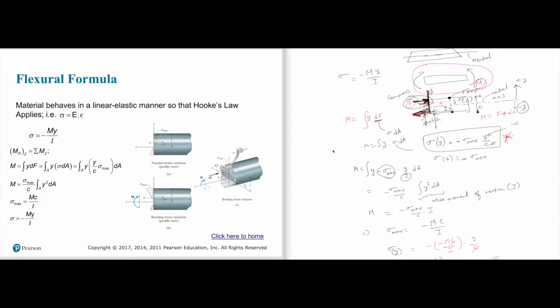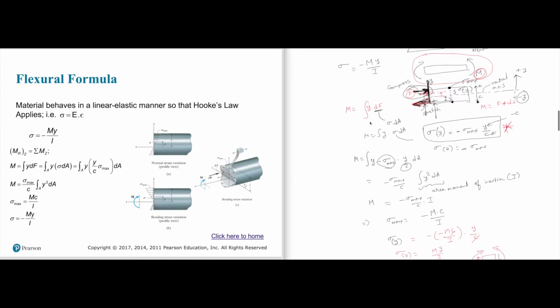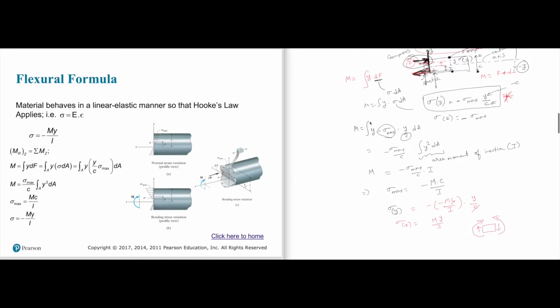right? So when we have sigma f, we wrote it as the sum of df times y, and we got the form. So typically, like I said, in the positive representation, the top side would be negative and the bottom side would be positive, because here it's being compressed, here it's being elongated.